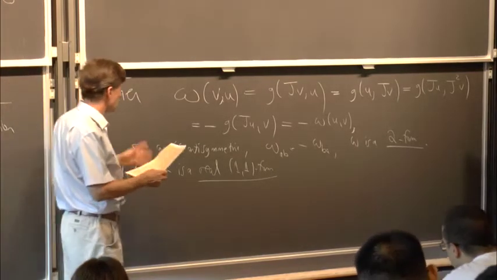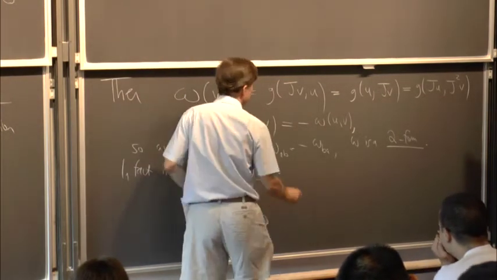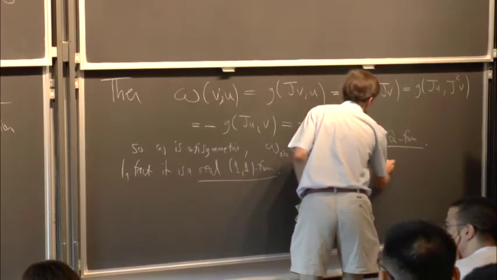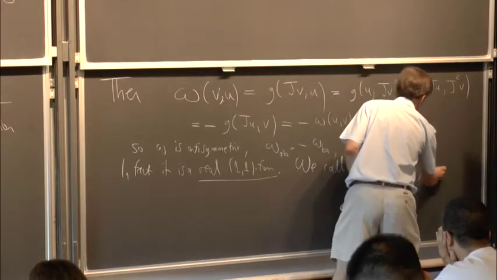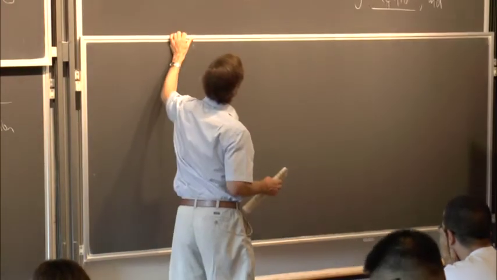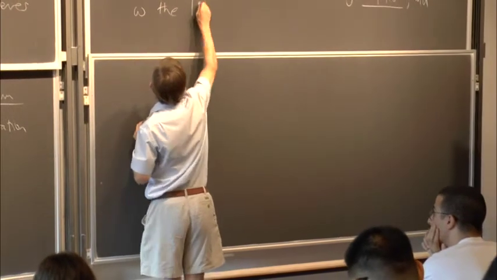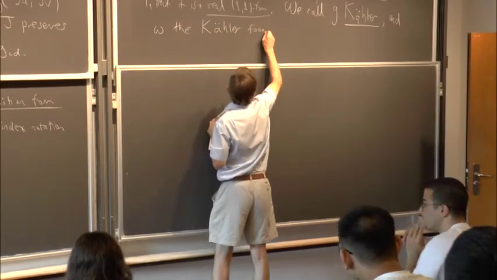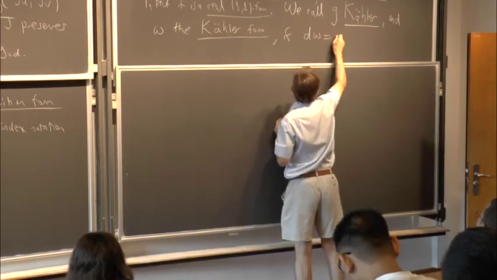Now we can impose an extra condition, which is that we call the metric g Kähler, and we call omega the Kähler form rather than just the Hermitian form, if d omega is 0.